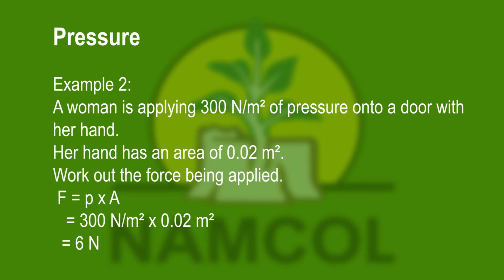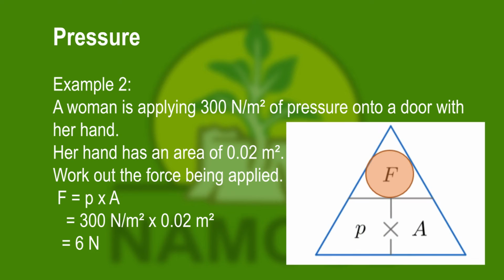We'll do now example 2. A woman is applying 300 Newton per square meter of pressure onto a door with her hand. Her hand has an area of 0.02 square meters. Work out the force being applied. We're looking for force.